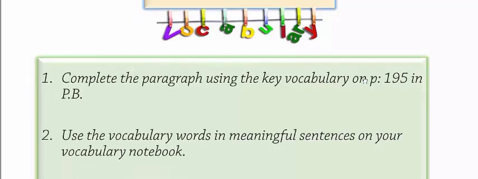When you finish, use the vocabulary words in meaningful sentences in your vocabulary notebook. So you have to prepare your vocabulary notebook. Don't forget to be neat and use each word in a meaningful sentence. Avoid choppy sentences, avoid weak ones. You can write expanded sentences, meaningful ones, and strong ones.